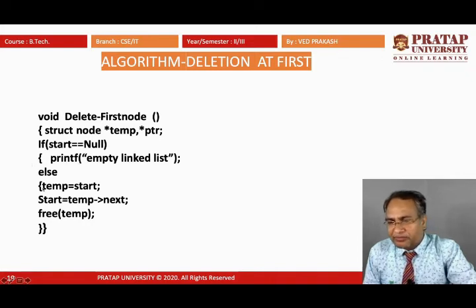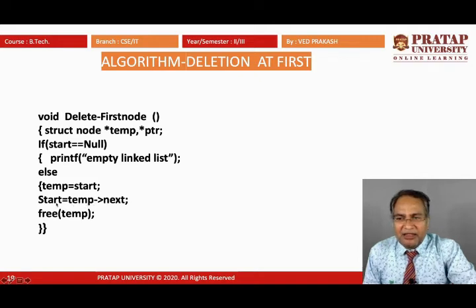Else, it means our linked list is not empty, then we set the temporary pointer to the start pointer, and the start pointer is assigned the next of the temporary pointer.